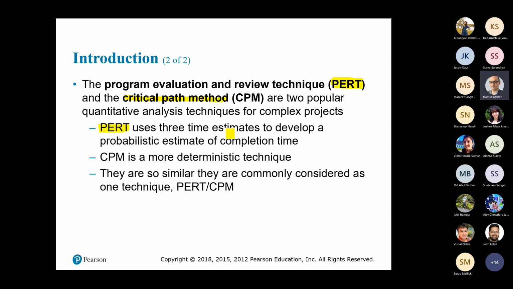So if we are sure that, for example, doing a certain activity takes 2 hours, so that's easy, yeah? It's very easy. You just use 2 hours. But sometimes you are not sure about that.